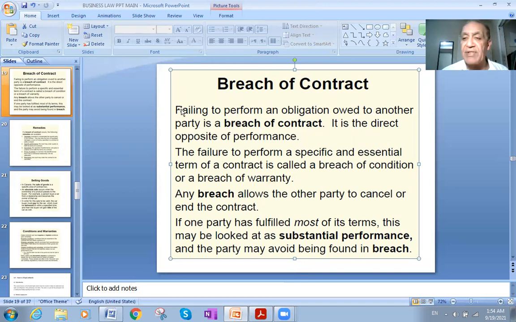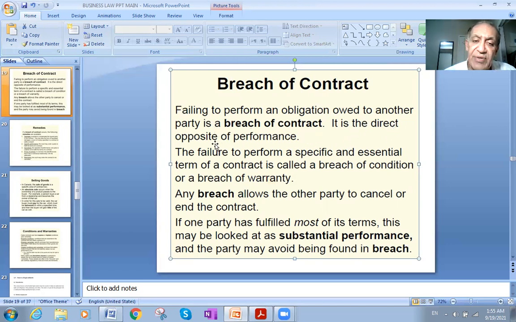We are two parties in the contract, and I fail to do my part towards you. As an example, I bought this pen from you. You as a seller delivered the pen, but I didn't pay for it. This is a breach of contract.